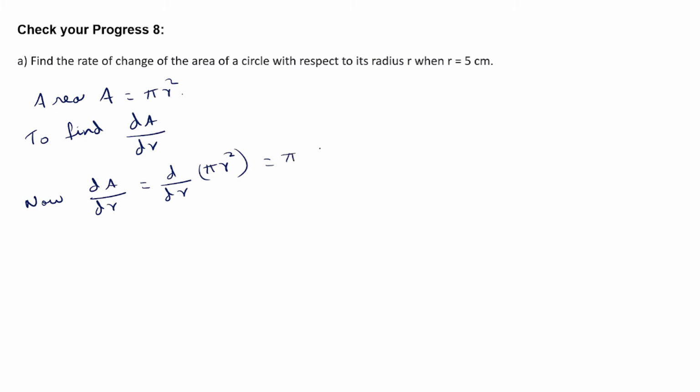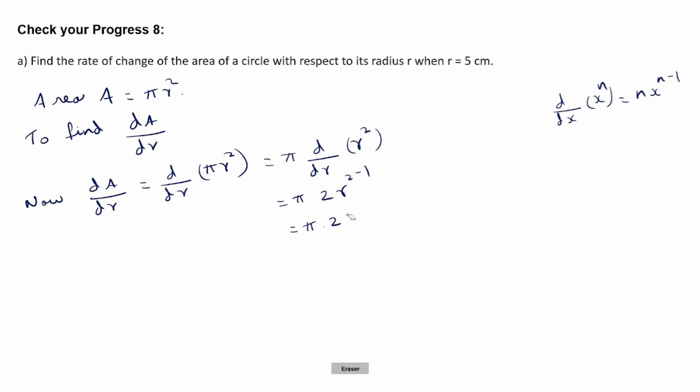Now this is equal to pi into derivative of r square. Now we know d by dx of x raised to n is n into x raised to n minus 1. So d by dr of r square will be 2 into r raised to 2 minus 1, so it is equal to pi into 2r. So this is equal to 2 pi r.